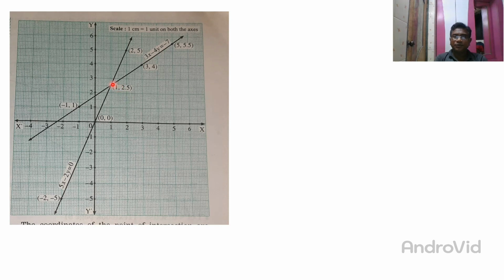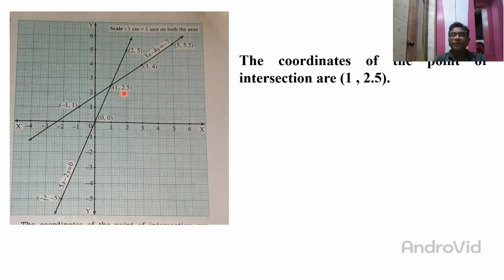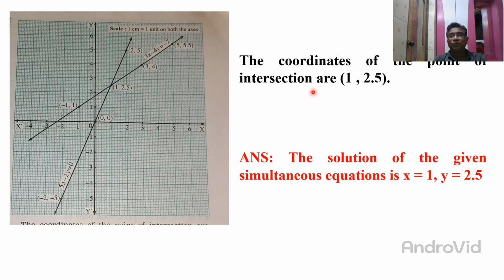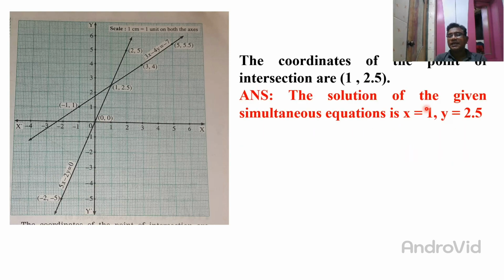See, intersect. Okay. So this is the intersection point 1 and 2.5. So x-axis is equal to 1 and y-axis is equal to 2.5. That is the answer. The coordinates of the point of intersection are 1 and 2.5.